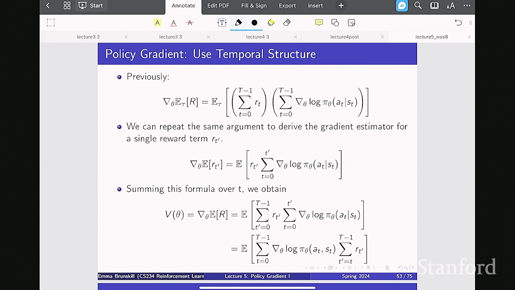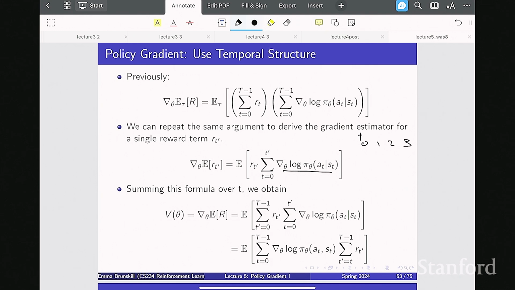What we can notice is that for each of the points, t equals 0, 1, 2, 3, you can think of all of these score functions I have at each time point.